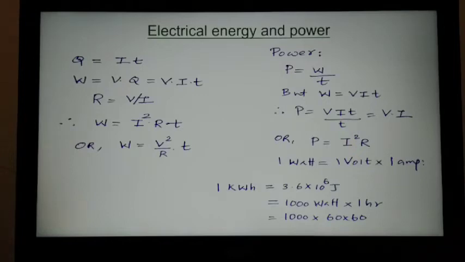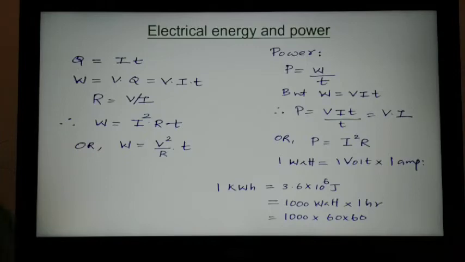This is the electrical energy when I amount of current is flowing through a conductor of resistance R for a time t, or when a potential V is given. Electrical energy is given by I square R t.